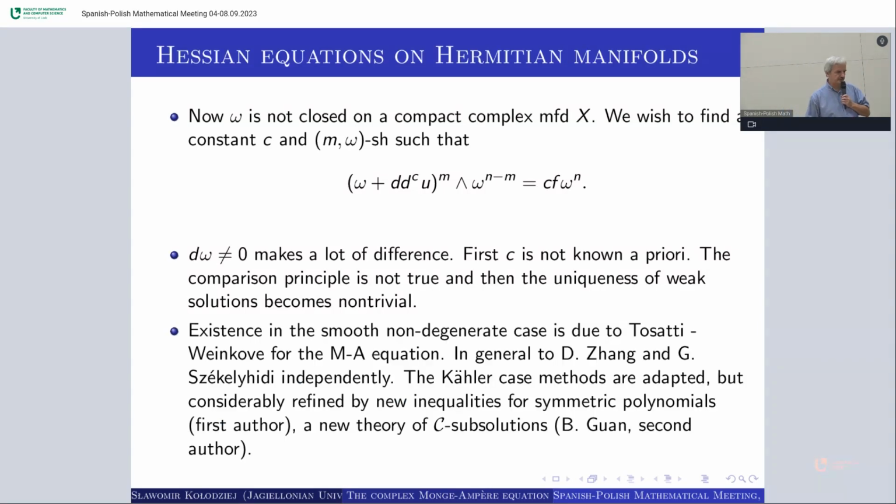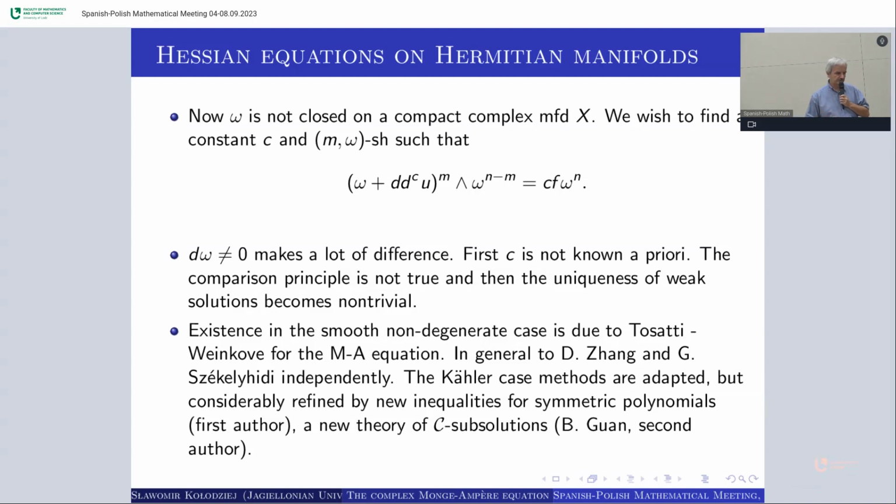In this Hermitian case, for the Monge-Ampère equation, the first results were obtained by Tosatti and Weinkove. In fact, some special case was done earlier by Cherrier. And for general m-Hessian equations, Zhang and Székelyhidi independently proved the existence of solutions for smooth and non-degenerate data.